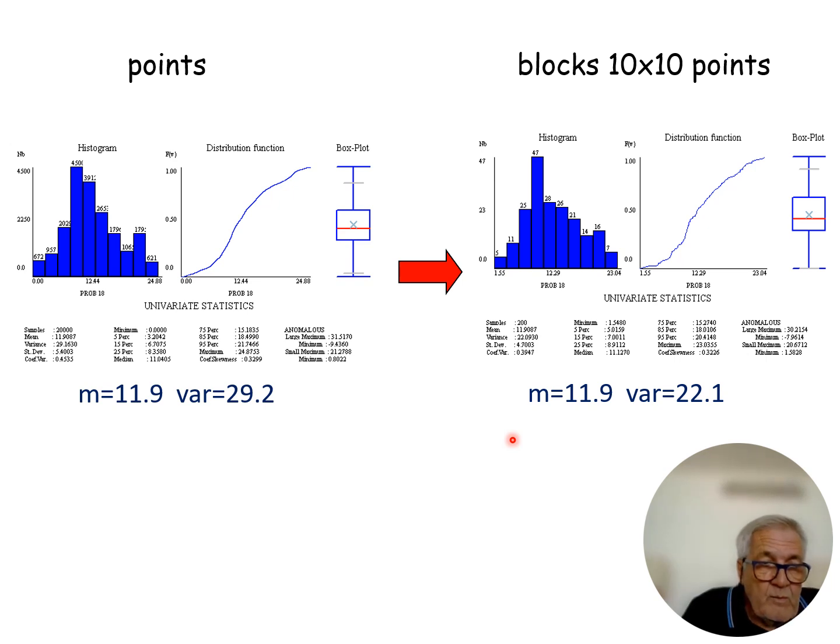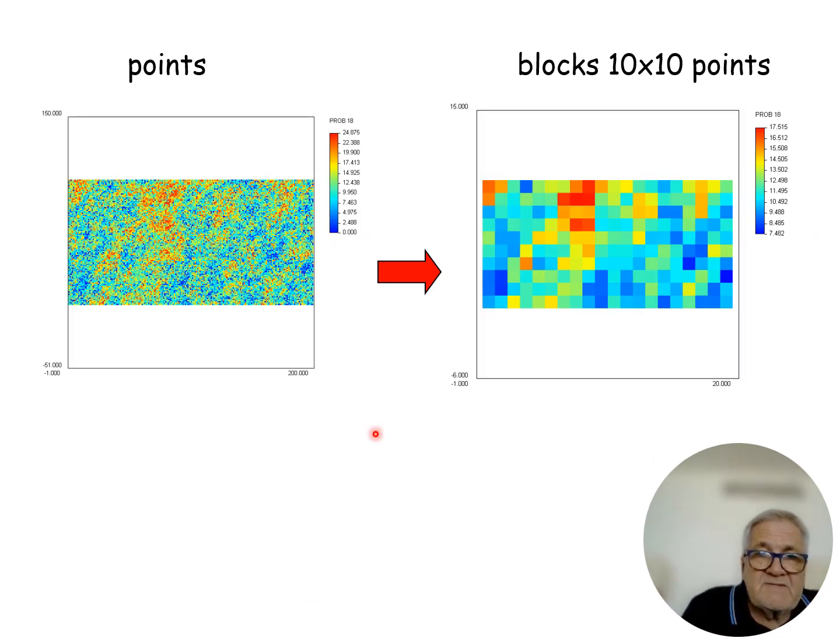We are calculating in the same area, but look at the variance. The variance of point support is 29.2, but the variance of block is 22.1. It decreases. This is the support effect. Okay, it's normal. Now let's do the same exercise, but now with the unstructured scenario. We just average in each block of 10 by 10.